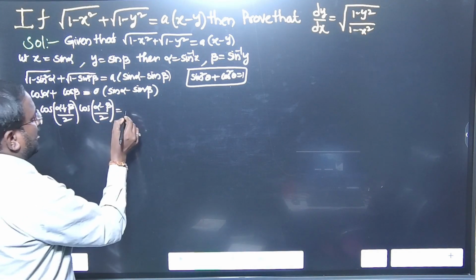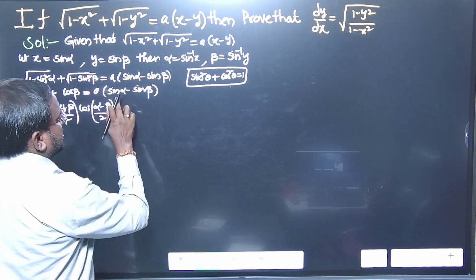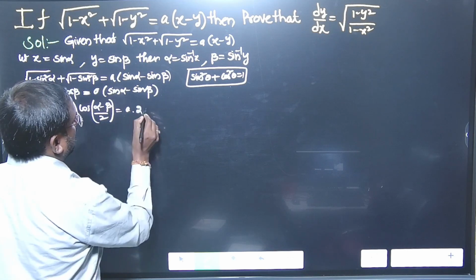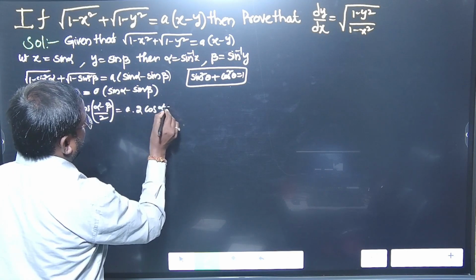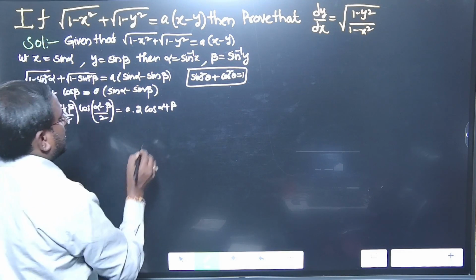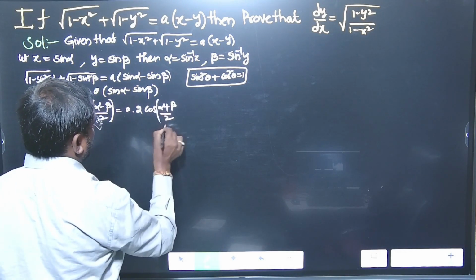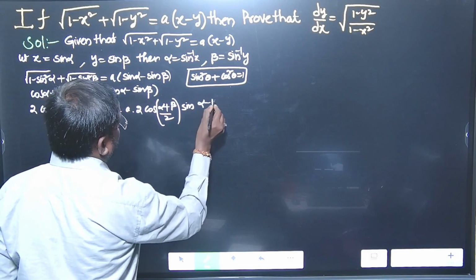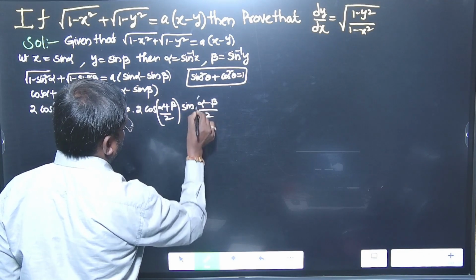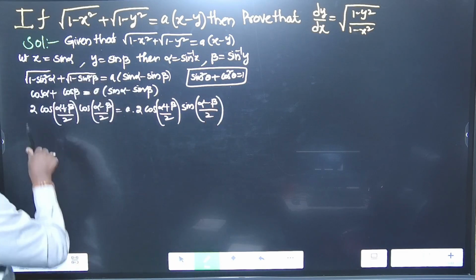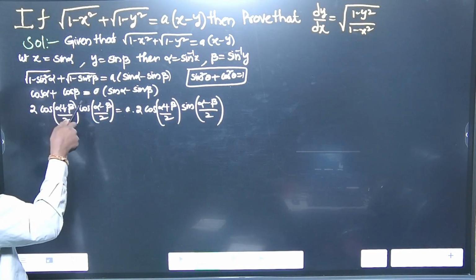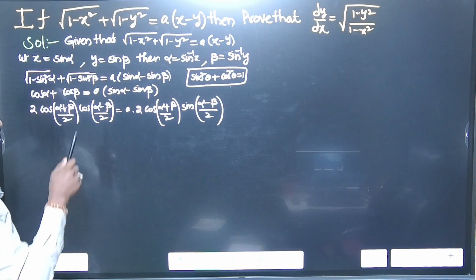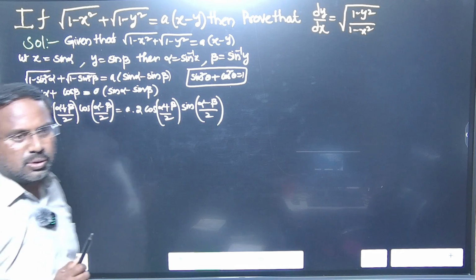From the right hand side, a is the same, and by the sin C minus sin D formula we get 2 cos of alpha plus beta by 2 into sin of alpha minus beta by 2. Direct formula, that is cos C plus cos D, here C is alpha and D is beta. We substitute directly.